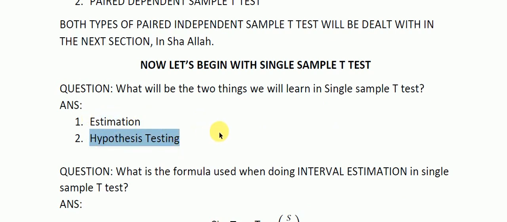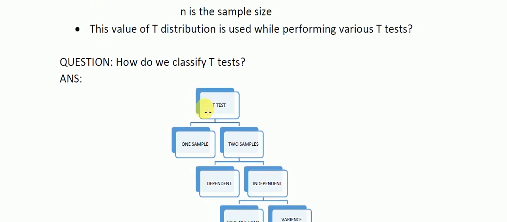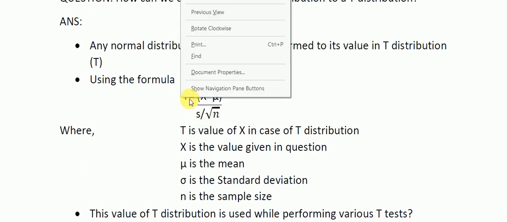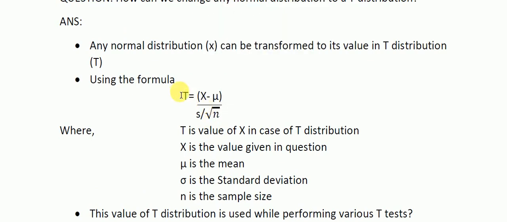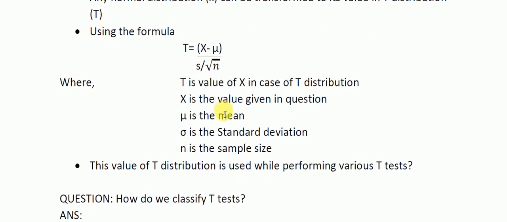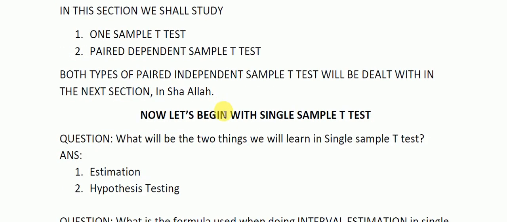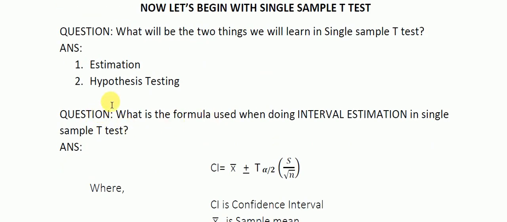So first of all, we'll learn the formulas which are involved. One of the formulas that we have already discussed over here will be used while performing hypothesis testing. So for now, just forget it because we'll start off with estimation. So in estimation, we have an interval which is called the confidence interval, which we'll have to calculate, and we actually say that the mean lies within that interval.